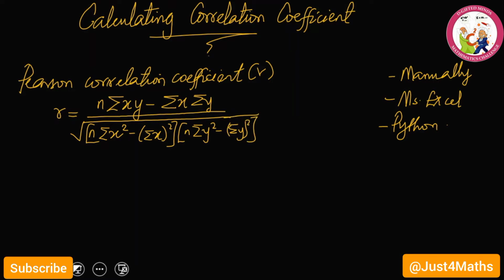So with this formula you can compute the Pearson correlation coefficient R.